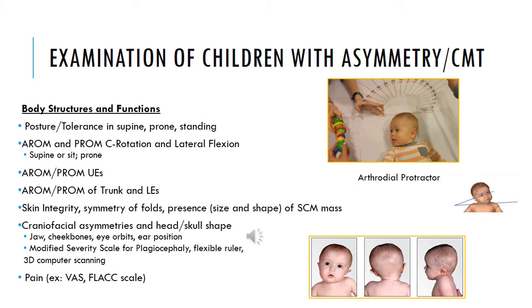So we'll pick this up a bit more in the plagiocephaly lecture component, but at a minimum you're going to want to use your palpation skills to examine areas of the anterior and posterior fontanelles, as well as palpating the cranial sutures to assess for any ridging over the sutures, and using your visual skills to document any additional asymmetries in this area.